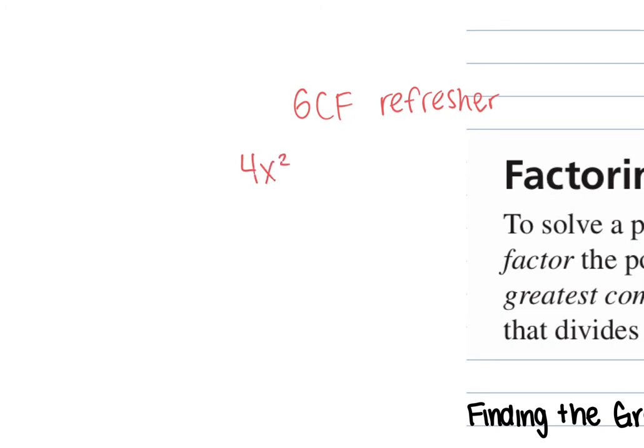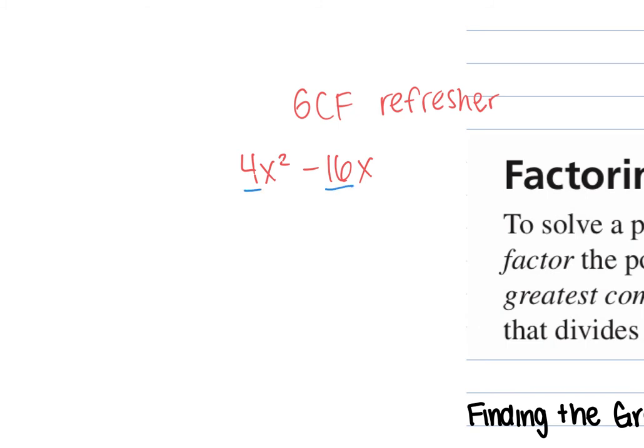All right, we're going to start with an easy one. 4x squared minus 16x. When we're doing greatest common factor, start with the numbers first. So underline the 4, underline the 16.